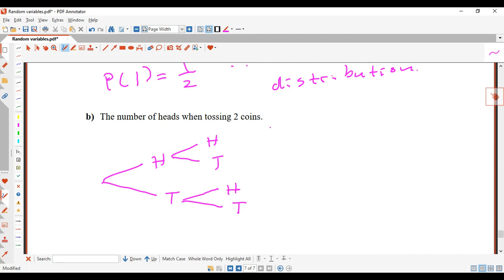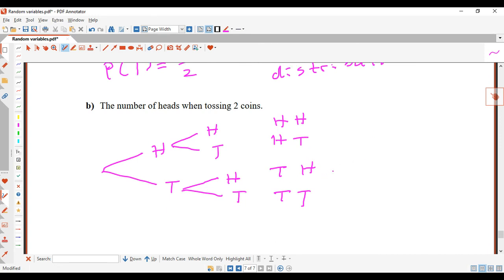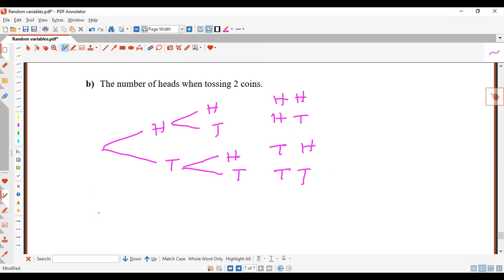So in the sample space, I've got 2 heads, a head and a tail, then a tail and a head, and then 2 tails. If you're looking at the number of heads, the most I can get is 2. So using random variable notation, I write capital X for my random variable. X is the number of heads. How many heads can I get? 0, 1, or 2.